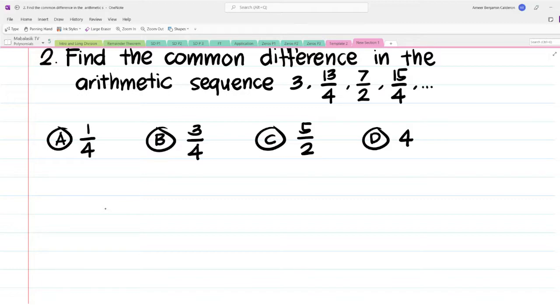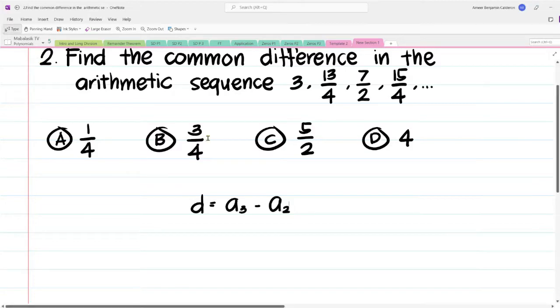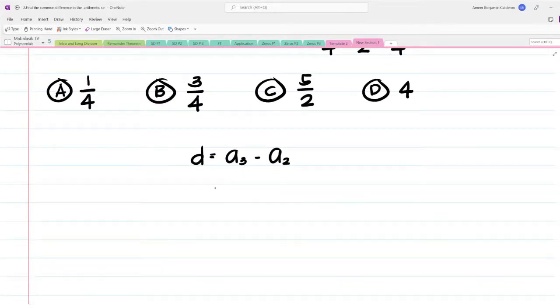This time around, I will not use a sub 2 minus a sub 1. Rather, we want to use a sub 3 minus a sub 2, because they are both fractions. If we use a sub 2 minus a sub 1, one is a fraction, one is a whole number. Baka malito pa tayo.